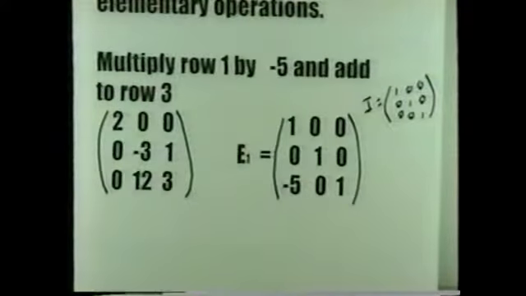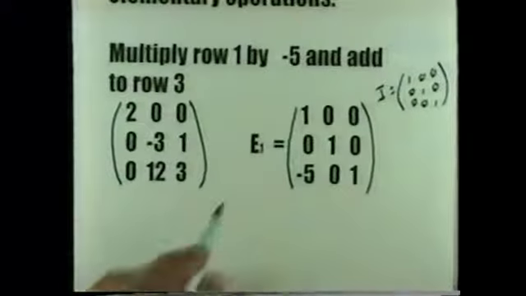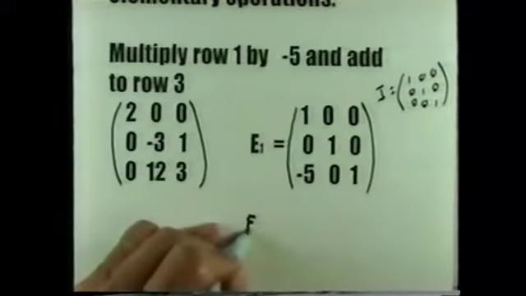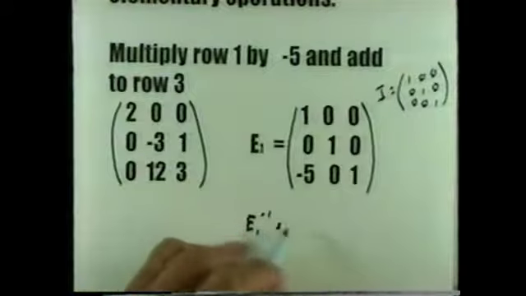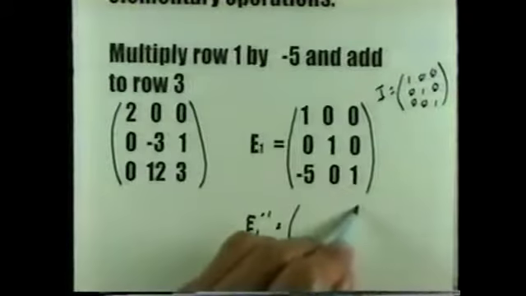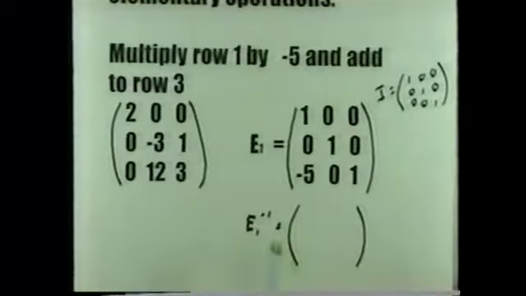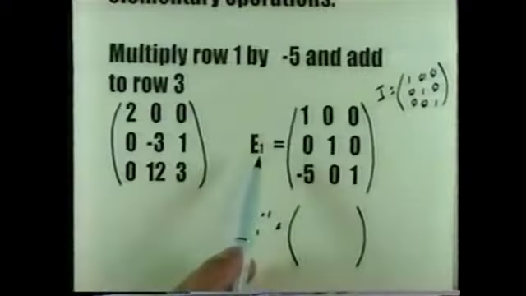Now while I'm here, I'm going ahead and writing E sub 1 inverse. To write the inverse, I simply reverse the row operation that gave me E1.